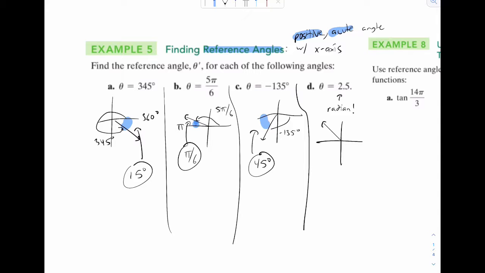That's because I know 2 radians is approximately 120 degrees, because I know 1 radian is about 60 degrees. So I know it's a little past 120. So the reference angle is that little piece right there. And if this is 2.5, the little piece right there is going to be pi minus 2.5. And right there, that's our reference angle.